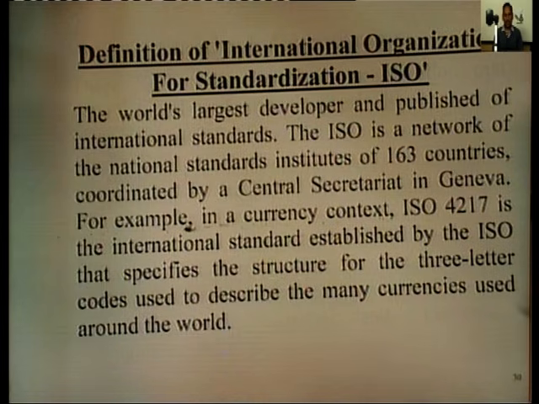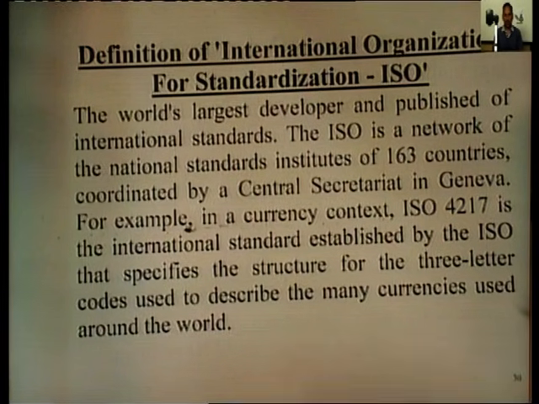For example, in a currency context, ISO 4217 is the international standard established by the ISO that specifies the structure for the three-letter codes used to describe the many currencies used around the world. This is the duty of the ISO, the International Organization for Standardization, to control all these activities internationally.